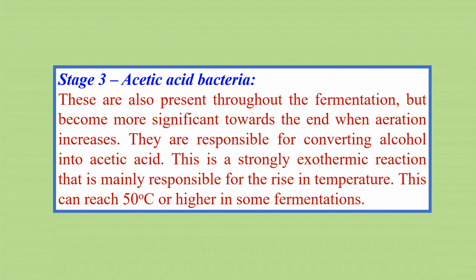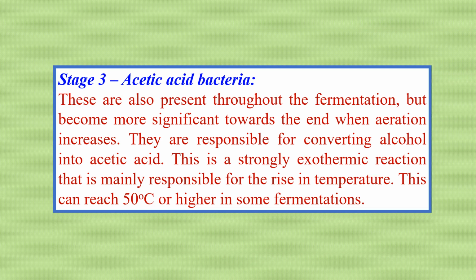In the third stage of fermentation, acetic acid bacteria are the responsible microorganisms. These are also present throughout the fermentation, but become more significant towards the end when aeration increases.